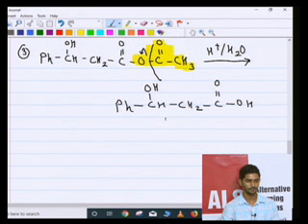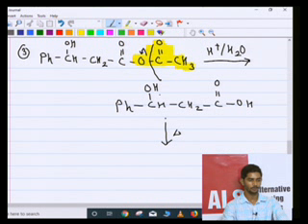Now in the last step, when you heat it, removal of water will take place. This is your alpha carbon, this is your beta carbon, and H and OH will be released from here.